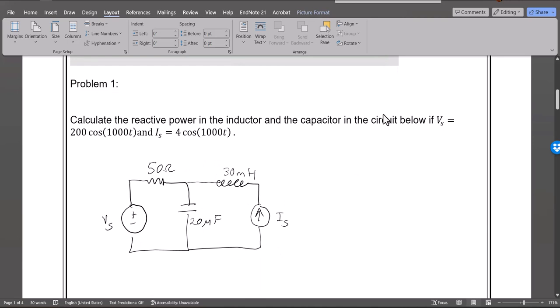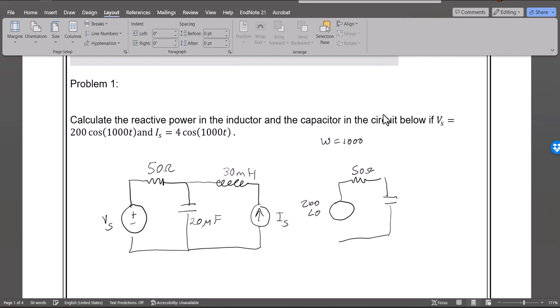And so my omega is 1,000, and I get that from these. And so my voltage is 200 angle 0 because there's no additional phase. And I have 50 ohms right there.